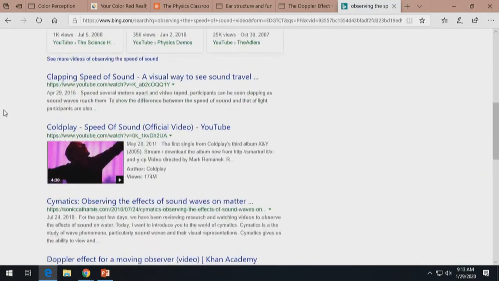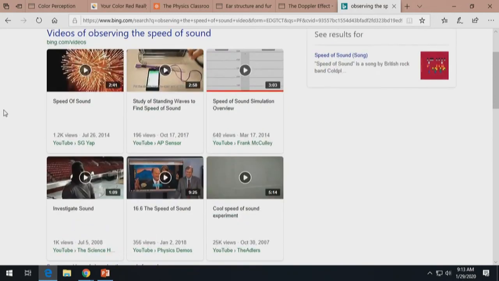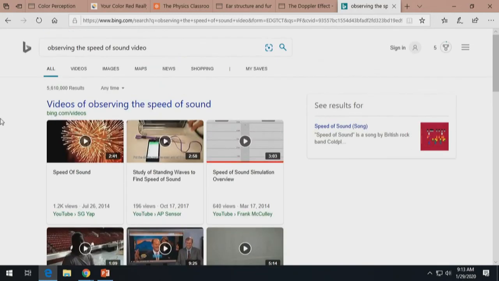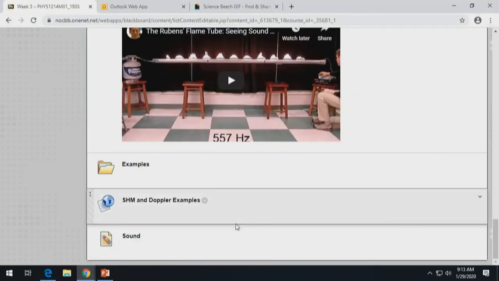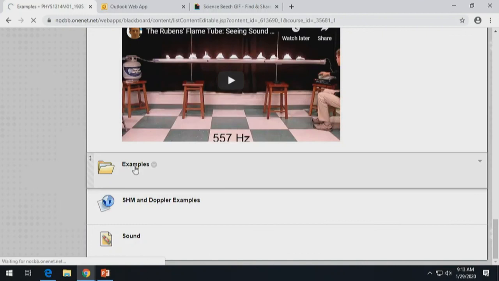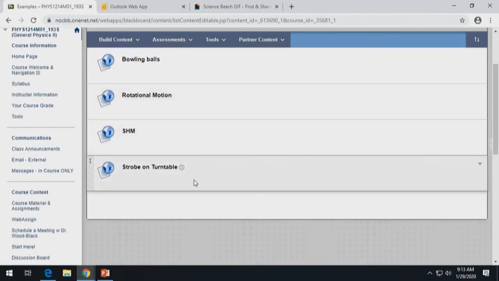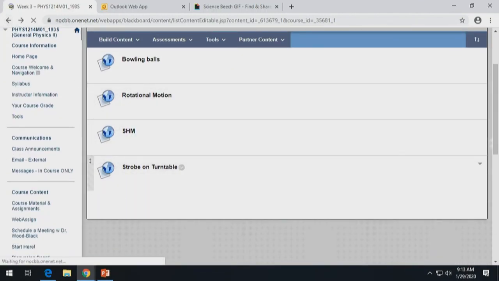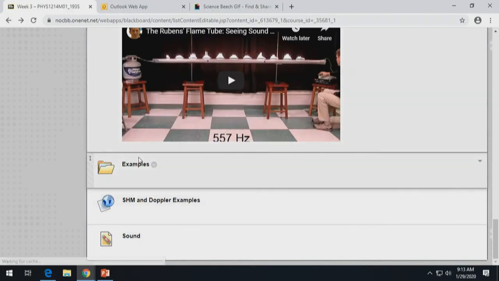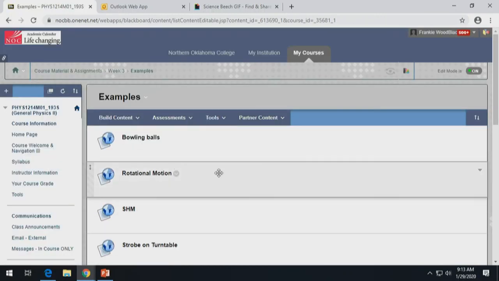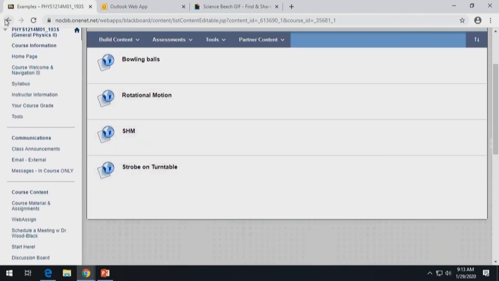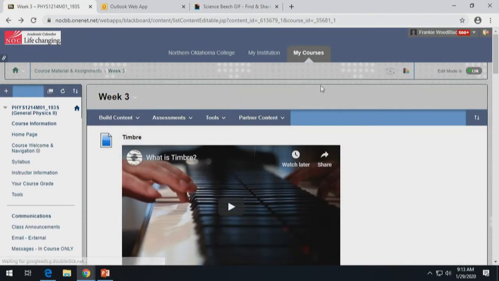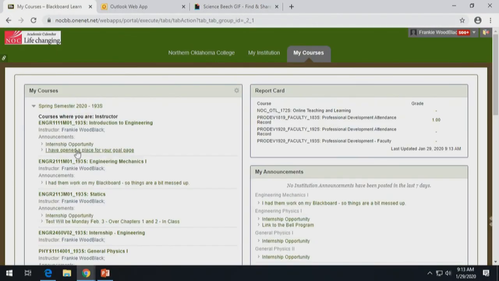I just had a guy measuring the speed of sound using an explosion, and I want to see if I have it. Let's drop on turntable, bowling balls. I did it last semester. Hang on for a second, let me see if I can find it, because we're getting close to the end of class anyway.